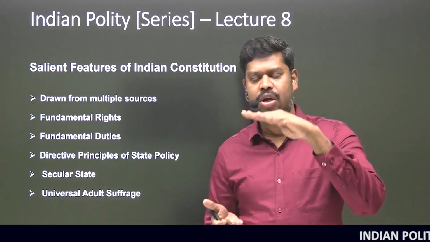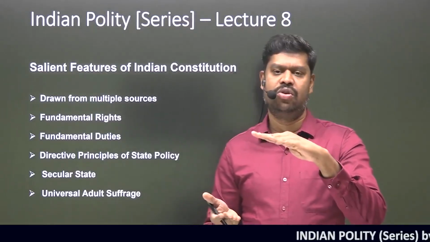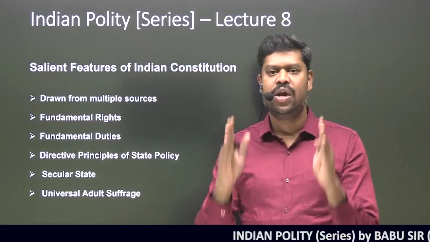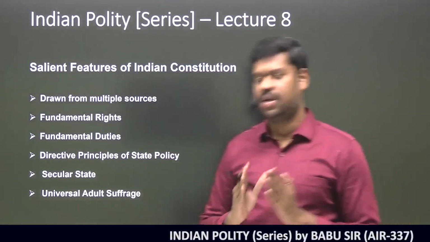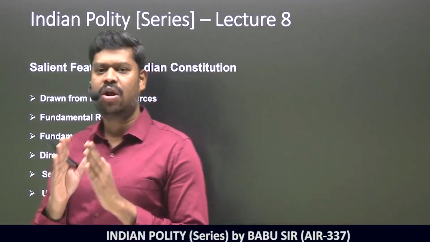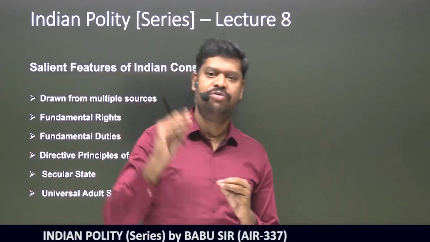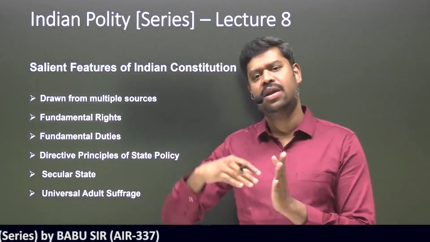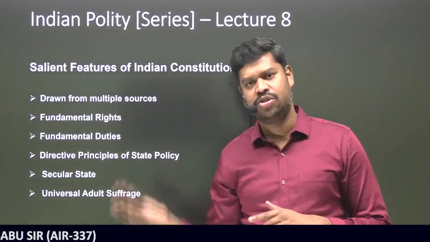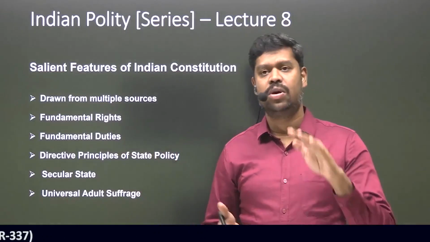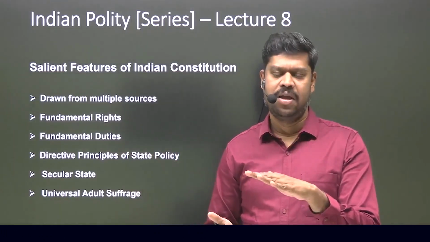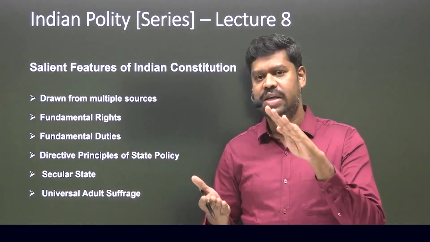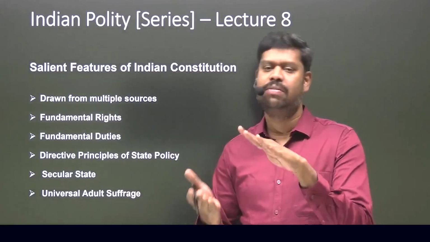Right from Article 12 to Article 35 in the Constitution, only they constitute what is called fundamental rights. Apart from that, all other rights, although they may confer you some right, are not fundamental rights. They may be legal rights, they may be constitutional rights, but they are not what is called fundamental rights. Again, I am repeating it, whatever is there in part 3 is what is called fundamental rights.